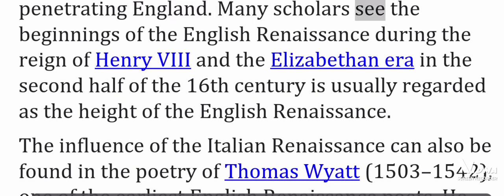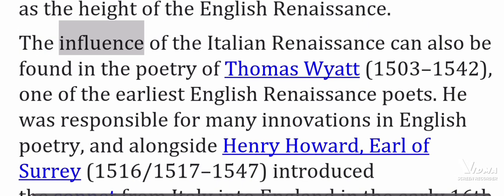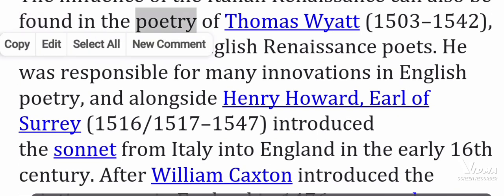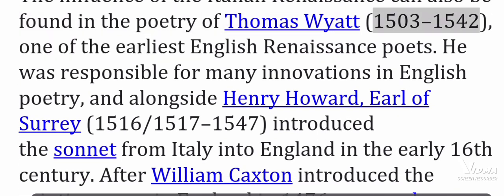Many scholars see the beginnings of the English Renaissance during the reign of Henry VIII, and the Elizabethan era in the second half of the 16th century is usually regarded as the height of the English Renaissance. The influence of the Italian Renaissance can also be found in the poetry of Thomas Wyatt, 1503 to 1542, one of the earliest English Renaissance poets.